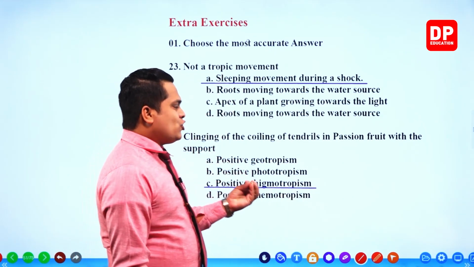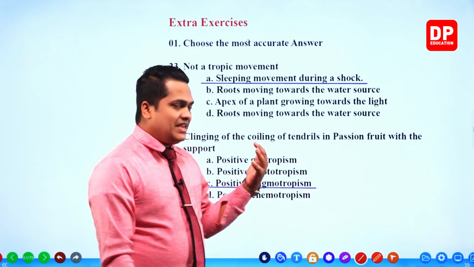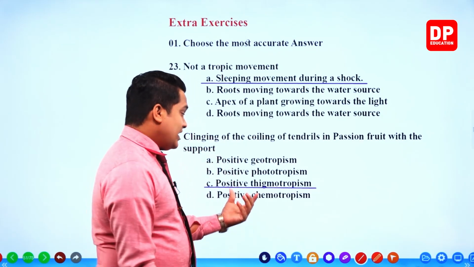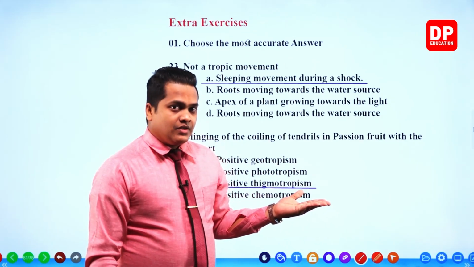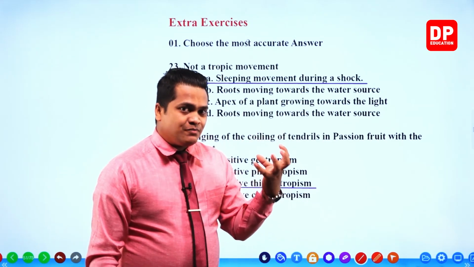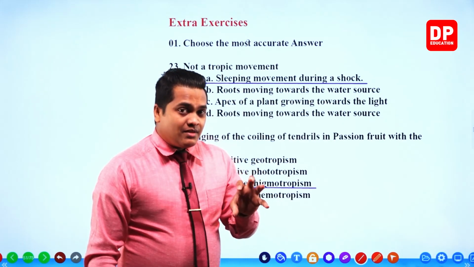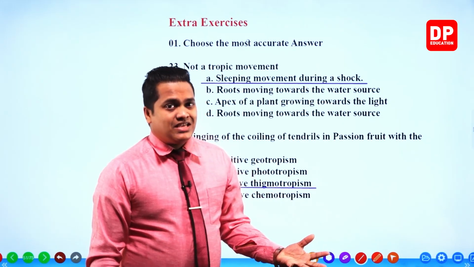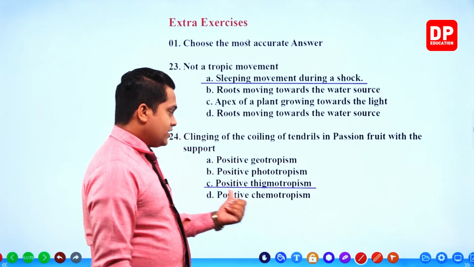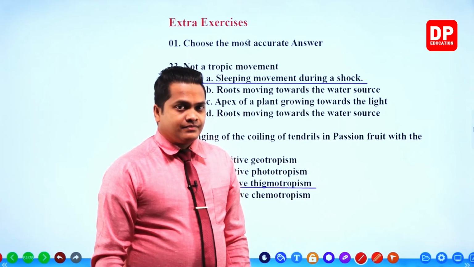We know that geo means the ground, photo means the light, and chemo means the chemicals. So the remaining one, which we can take as the answer for this question, should be thigmotropism.